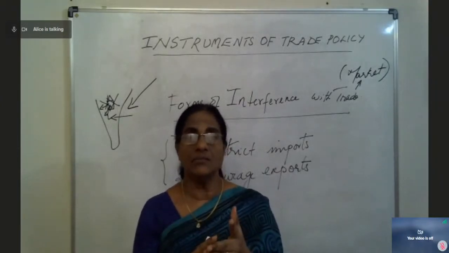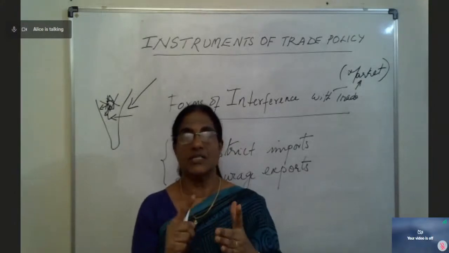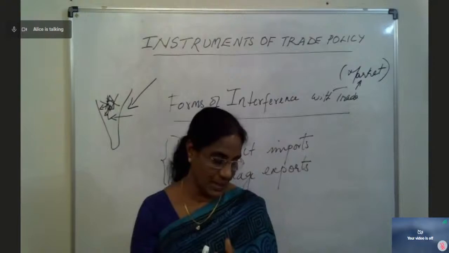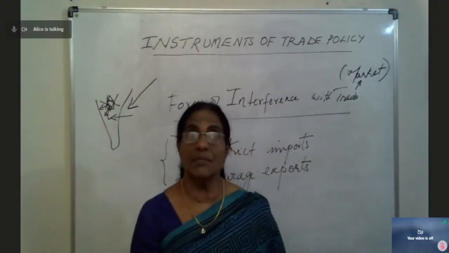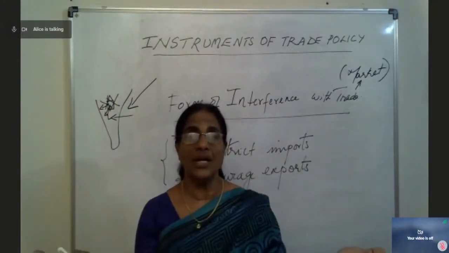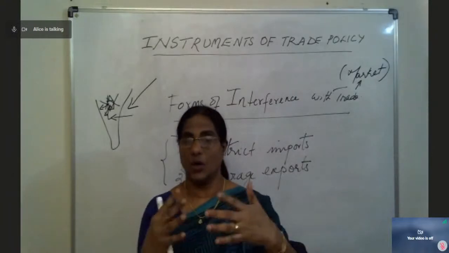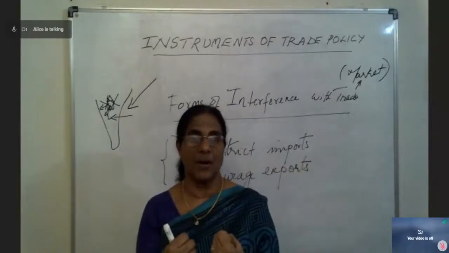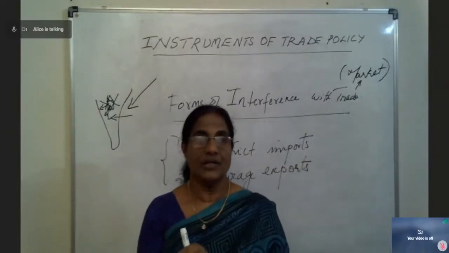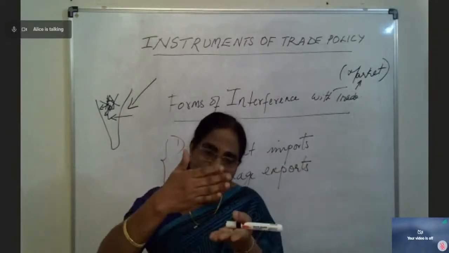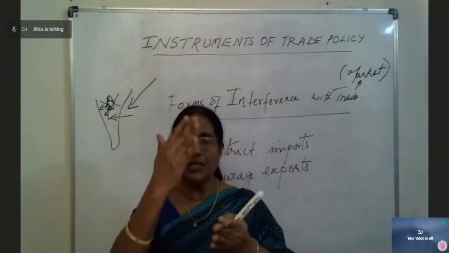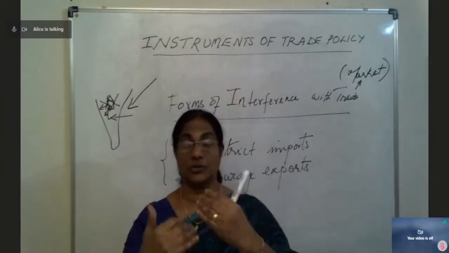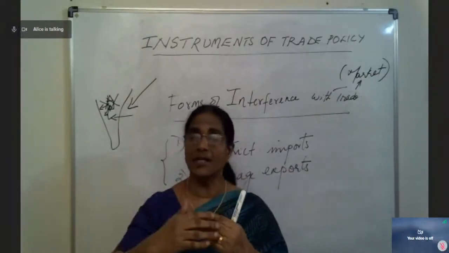The third term that we already know is trade liberalization. What is trade liberalization? Opening up markets. Opening up our markets for goods and services from other countries. That is bringing down the barriers. You can erect very strong barriers to entry.